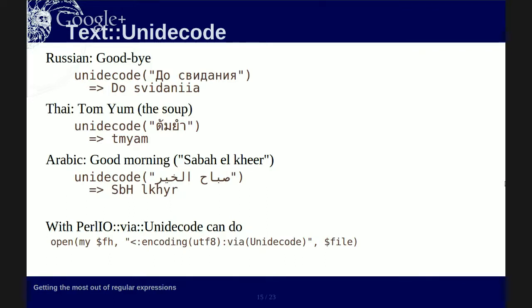So you can judge for yourself if you think those are any good or not. But I chose those 3 languages because in a lot of linguistic classifications they're quite different, and mostly that's due to how they handle vowels. Cyrillic and Latin and so on typically spell out every vowel in a word, so it's fairly easy for Text::Unidecode to work with it. That's why you have Dosvidaniya, which looks awesome.